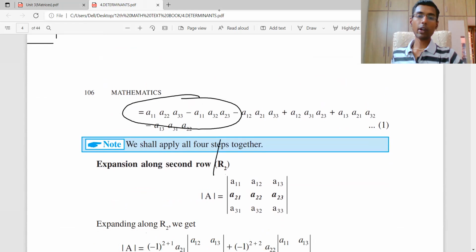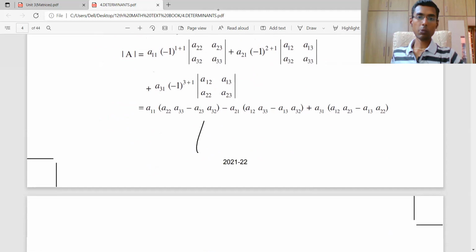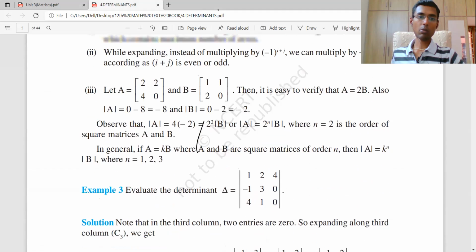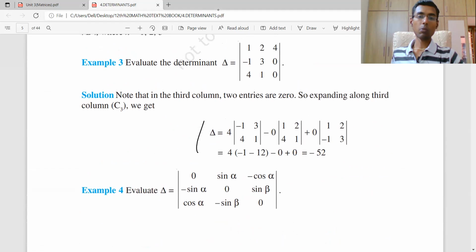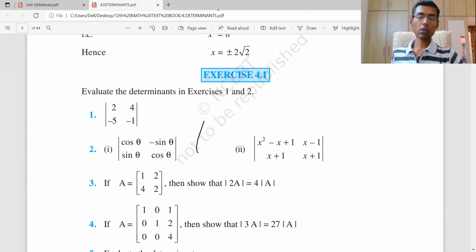Or you can expand with respect to the second row. We discussed all this, expanding with respect to the first column, second column, third column, and then examples. Hope you got this.